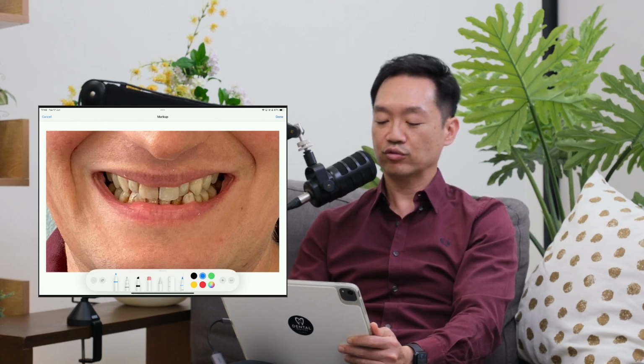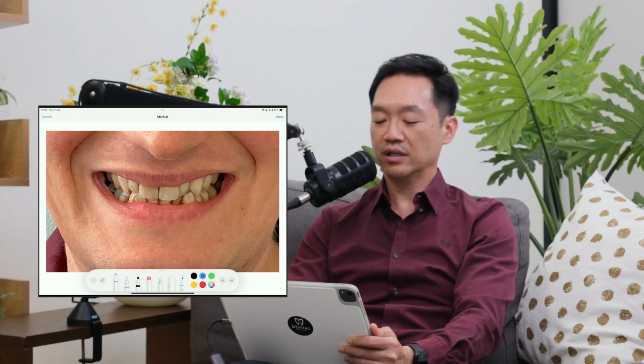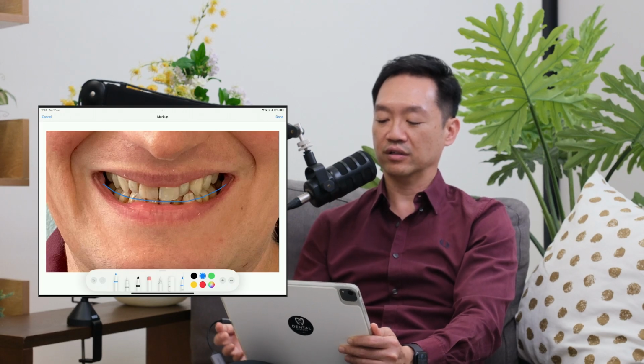Now, we also want this tooth to be pushed inwards and these teeth to be pushed outwards. So the end point would be that we would want the top teeth arch to be covering the bottom teeth to some degree and no further than around this area here.